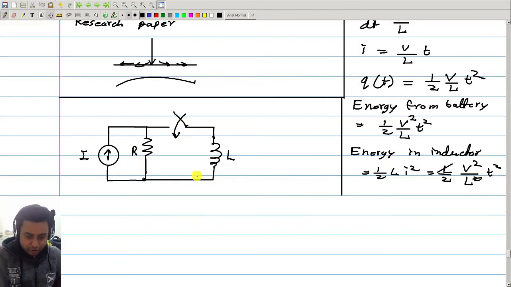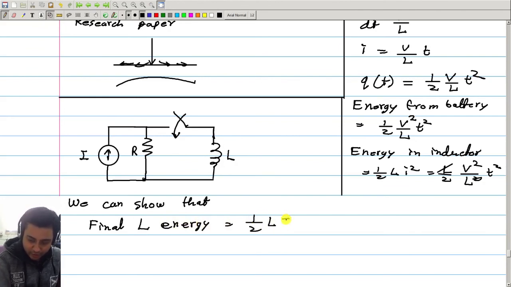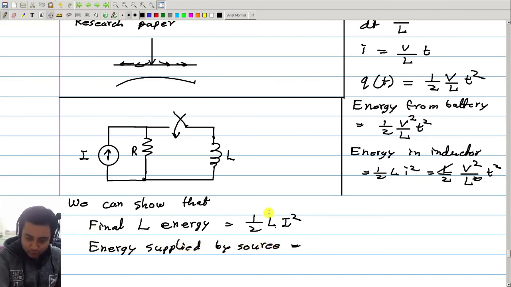One thing we can show is that finally the energy stored in the inductor will be half L I square, but the energy that will be supplied by the current source after the switch is closed will be equal to double of that, L I square, and the energy dissipated in R, that we can show, will be half L I square.